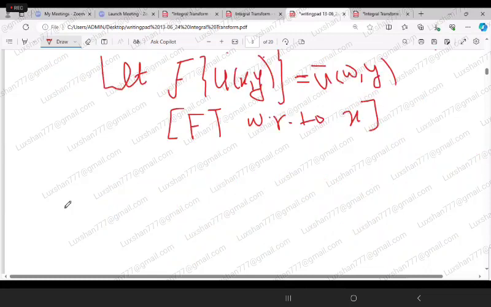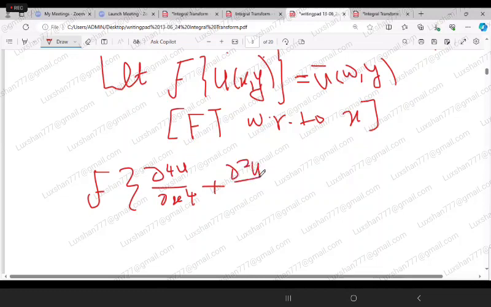Now, if you take the Fourier transform throughout the equation, the Fourier transform of ∂⁴u/∂x⁴ + ∂²u/∂y² equals the Fourier transform of 0.